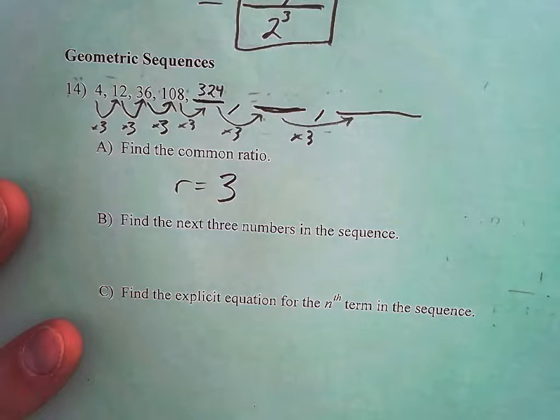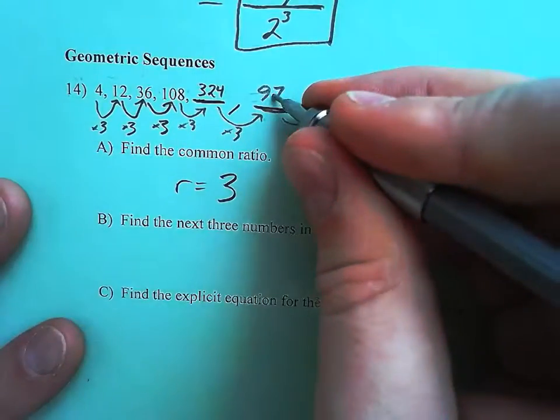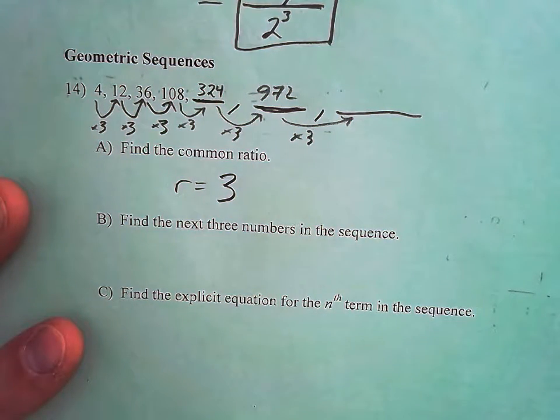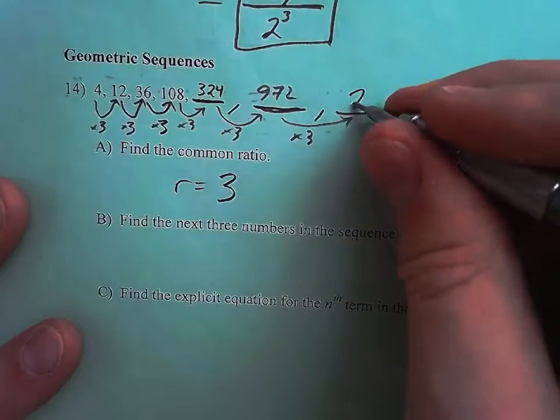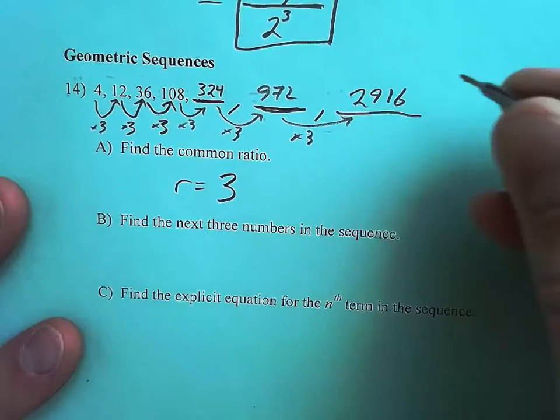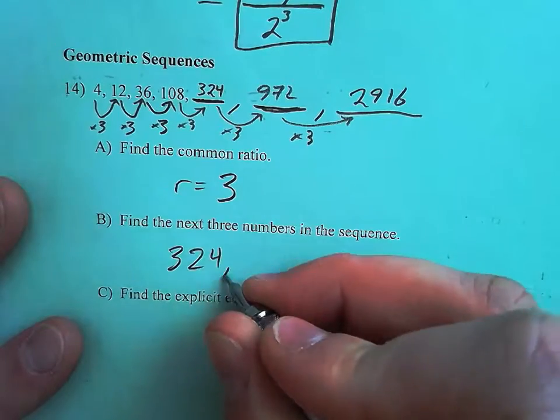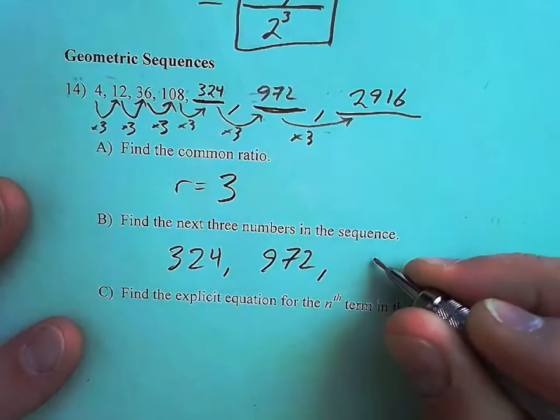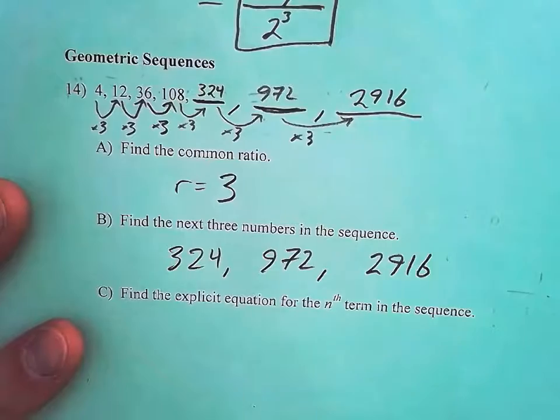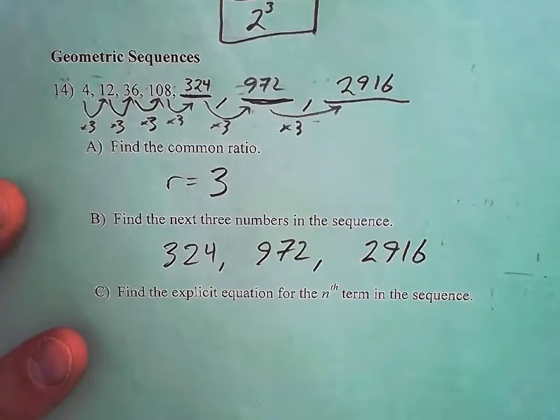And yeah, let me grab my calculator here real quick. 108 times 3, I'll just double check that real fast. 324 times 3, enter, 972. And enter again, 2,916. So it's 324, 972, and 2,916. Hooray!